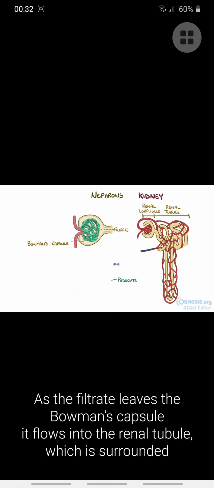Alright, so the renal tubule itself can be divided into the proximal convoluted tubule, the nephron loop, also known as the loop of Henle, which is made up of the descending limb and the ascending limb, the distal convoluted tubule, and finally the collecting duct, which ultimately sends the urine to the minor calyces.